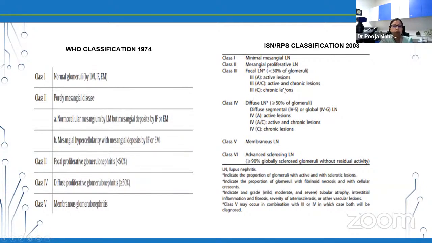Now they are obsolete terms, but if the patient is old and you are looking at an old biopsy report, then you can find them. The fourth is diffuse lupus nephritis, which was also divided into A, A/C and C. Fifth was membranous lupus nephritis, and sixth was advanced sclerosing lupus nephritis, when more than 90% of glomeruli are sclerosed.